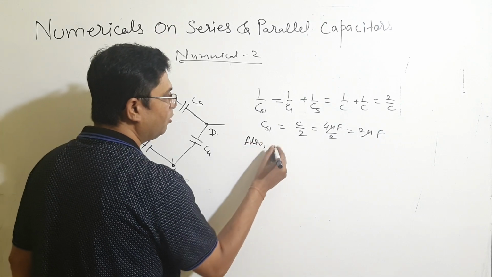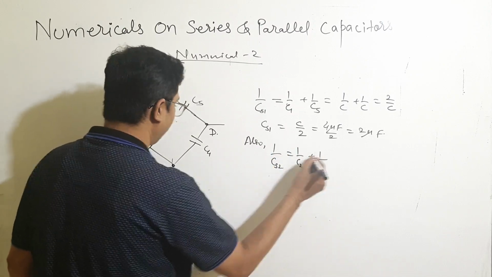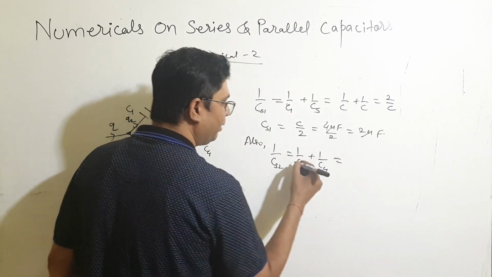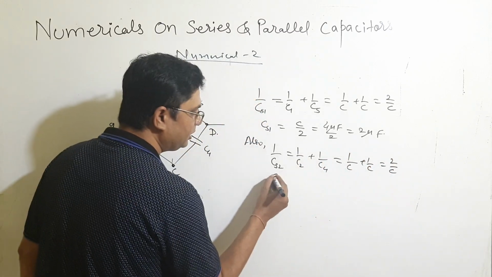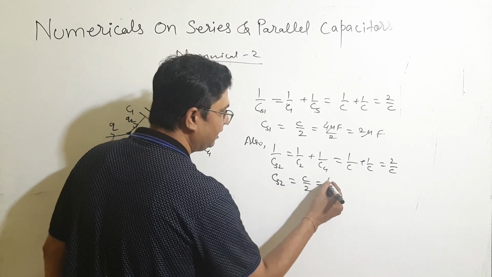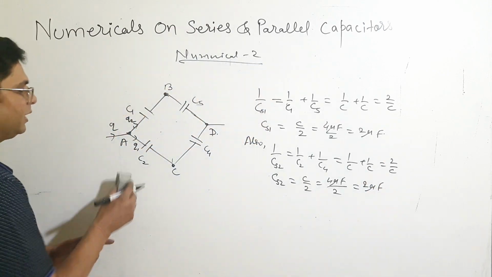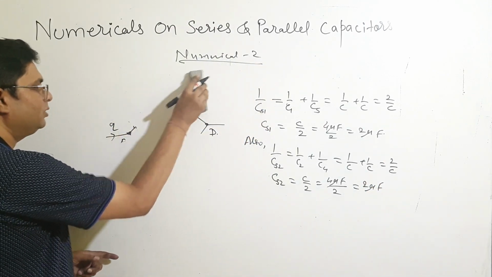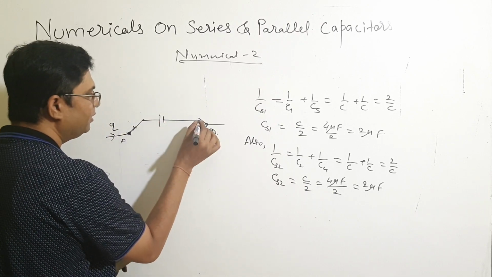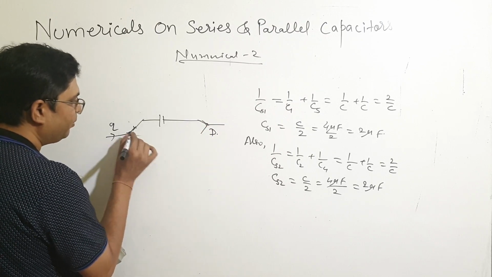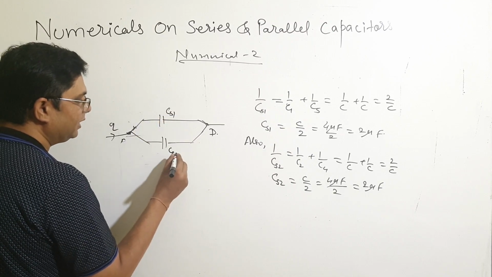Also, you have 1 by CS2 equals 1 by C2 plus 1 by C4. So this is 1 by C plus 1 by C again, which is 2 by C. CS2 equals C by 2, and C is 4 microfarad, so this equals 2 microfarad. Now the new circuit diagram can be drawn like this. This is one capacitor, CS1, and this is another capacitor, CS2.